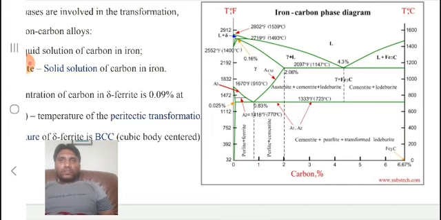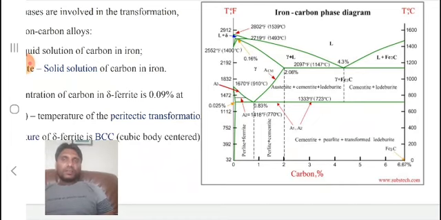From room temperature to 723 degrees centigrade, the line that is formed is the solid solubility of carbon in alpha iron, that is ferrite, and further increase in temperature will reduce the solubility of carbon in iron to 0 at 910 degrees centigrade, and only after 1401 degrees centigrade the solubility again increases to a maximum of 0.1% carbon, and with further increase to 1539 degrees centigrade it slowly reduces to 0 and the iron melts into molten iron.